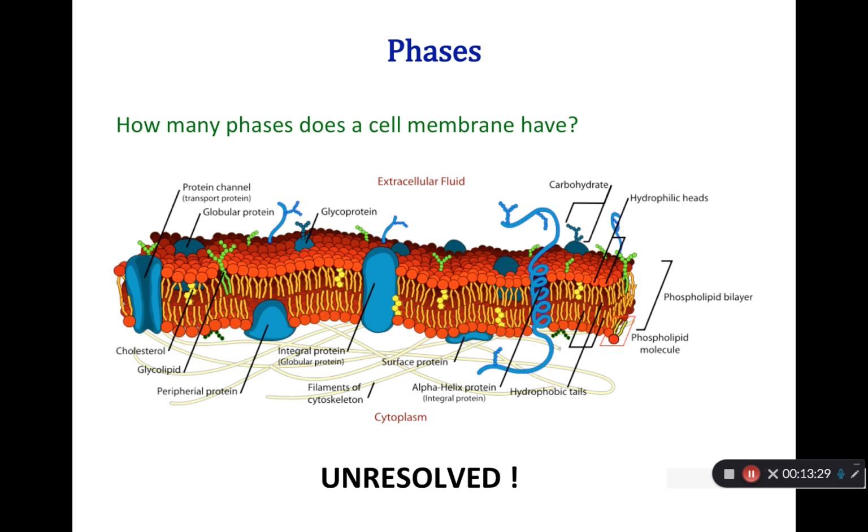And the answer is, it is unresolved. Lipid membranes, which have complex chemical compositions, can separate into different phases. For example, they can form what is called a lipid domain or a raft, where certain types of lipid, such as sphingolipids and cholesterol, come together and form a region which has a different physical property. It can be more ordered than the rest of the membrane.